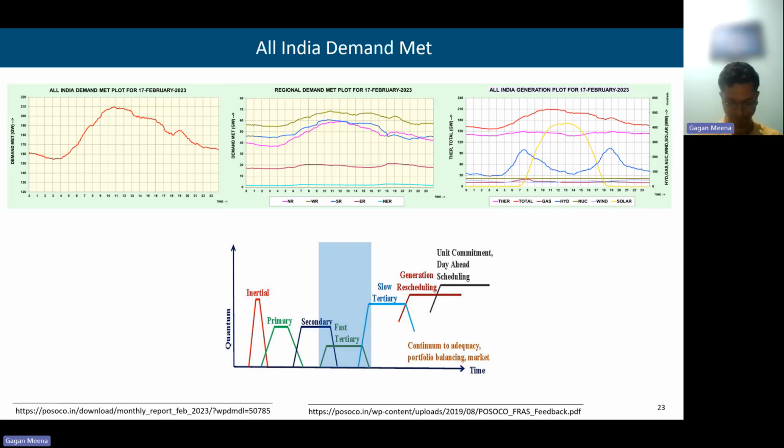Therefore, we need to take decisions at these different time scales. So that's why we are talking about all these things, different phenomena occur at different times. That's why we have these 4 stages of time frequency regulation. And for each time we have different types of services which are required, and different types of agents which will be doing those services.